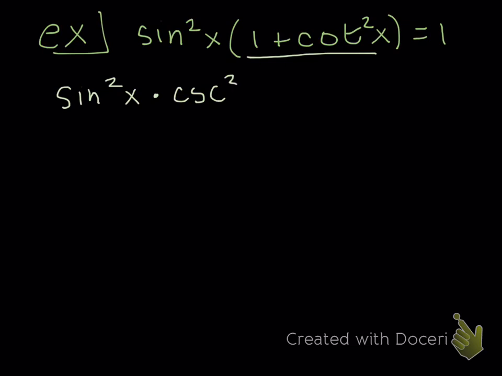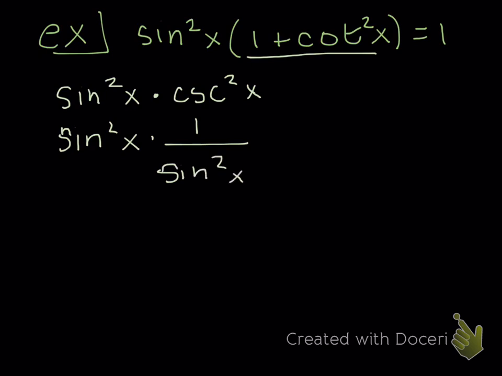So here, I have sine squared times the cosecant squared, and I know cosecant is the reciprocal of 1 over sine. So even though it's squared, that idea still remains the same. So I could say that cosecant squared is the same thing as saying 1 over sine squared of x.